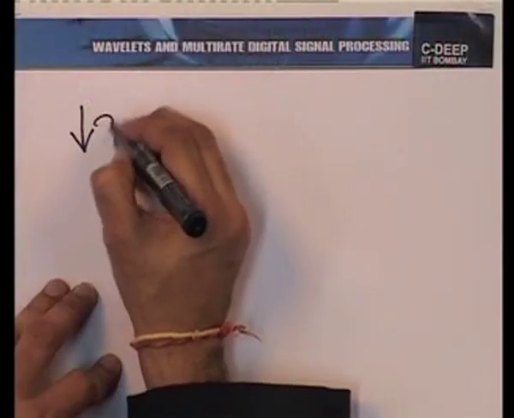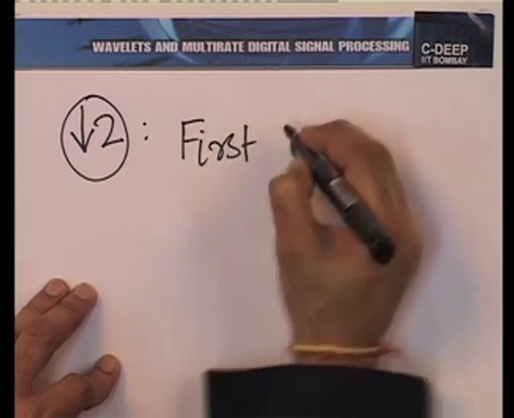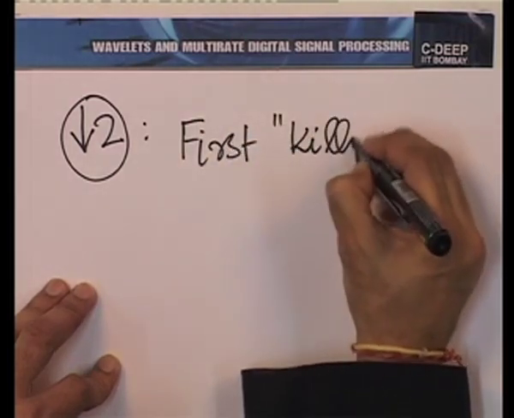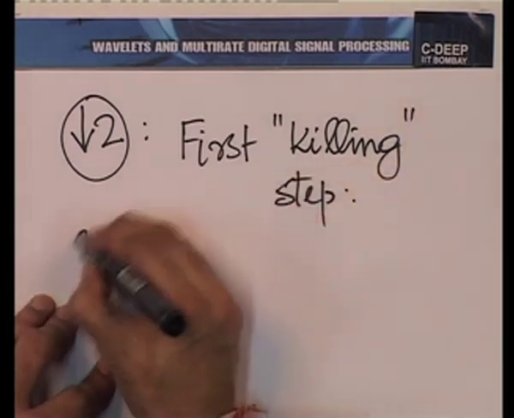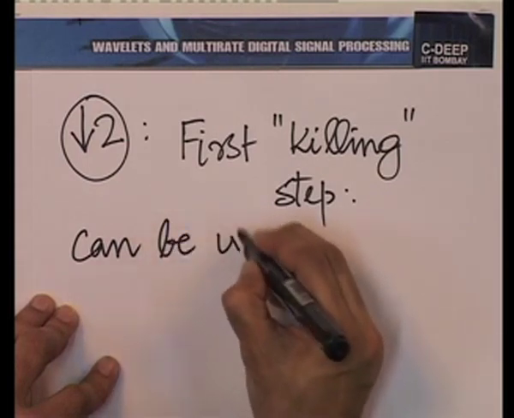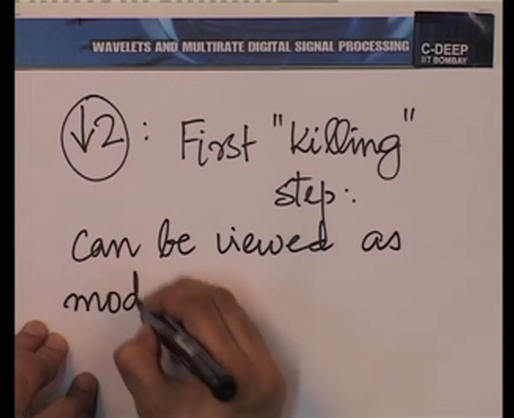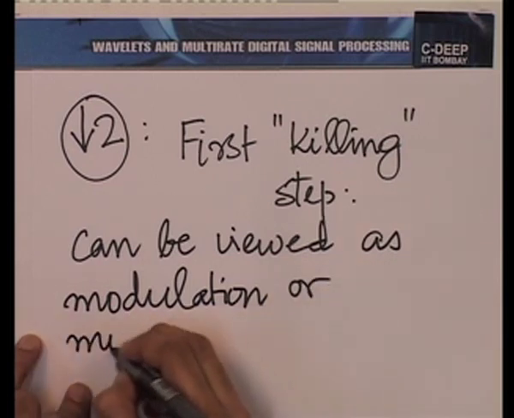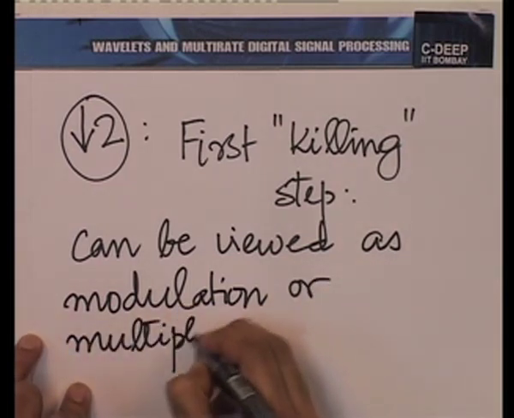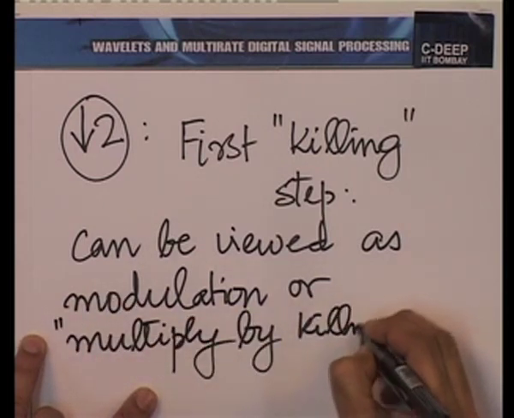So, when we consider downsampling by a factor of 2, the first killing step can be viewed as a modulation step, or multiplication by another sequence, by a killing sequence, let us call it.